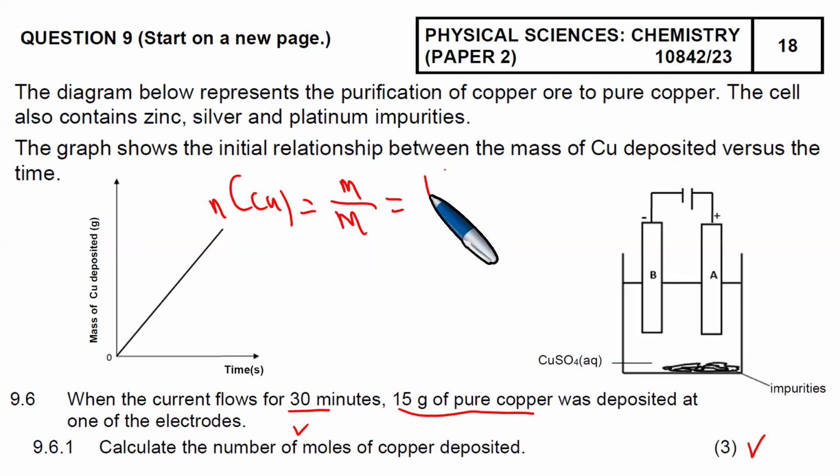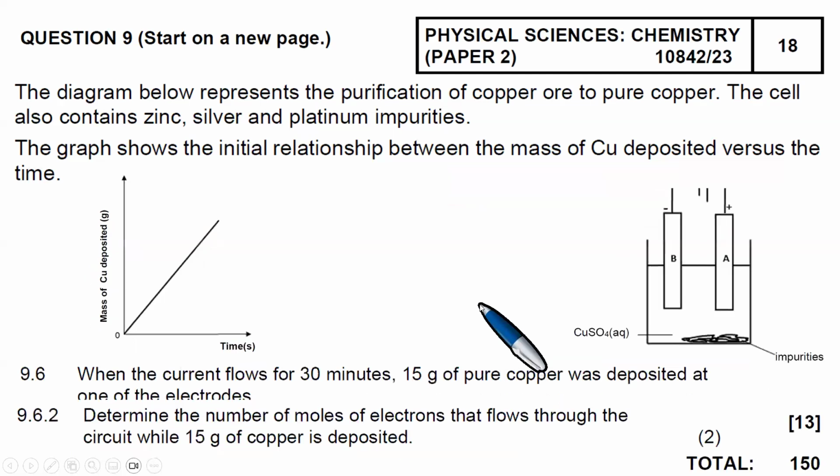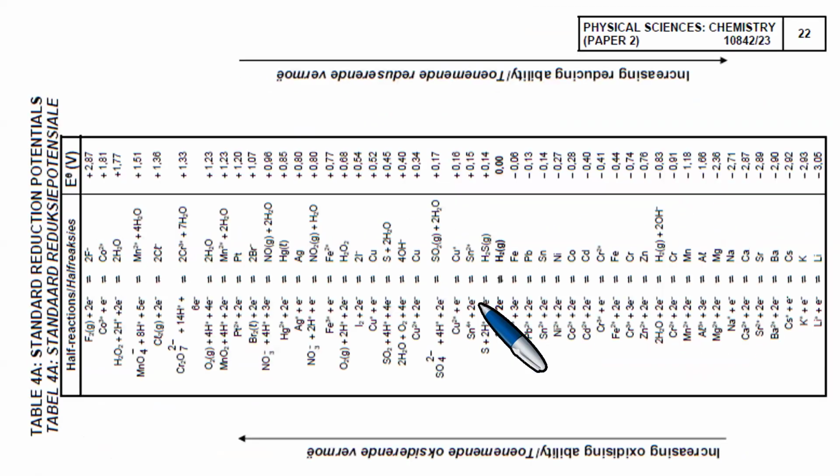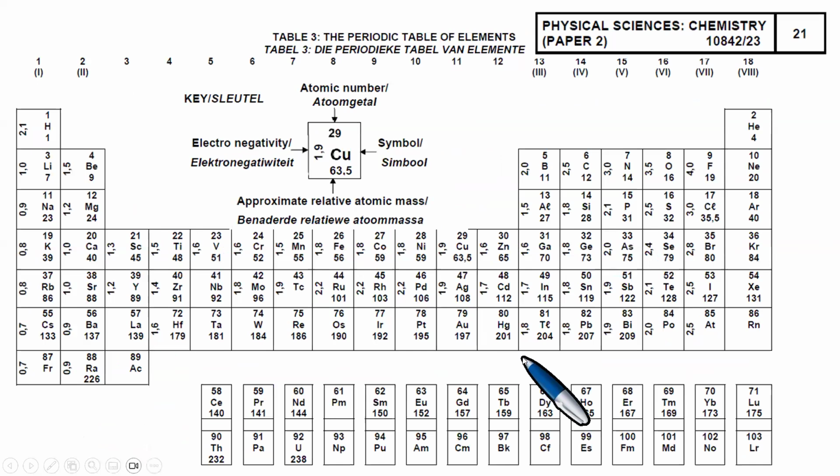So the mass is 15 grams divided by... What is the molar mass of copper? Okay, so this is the periodic table, and we're interested in finding the molar mass of copper.